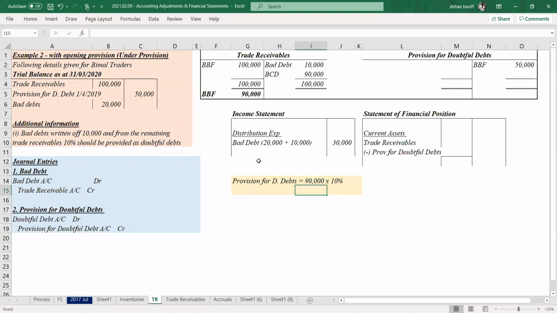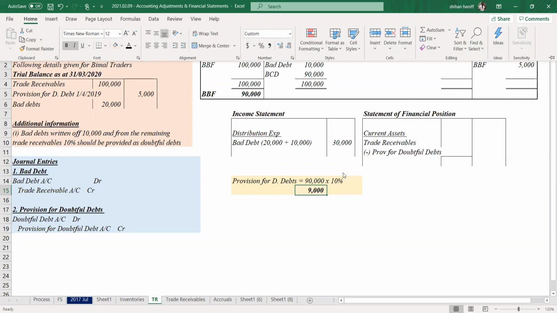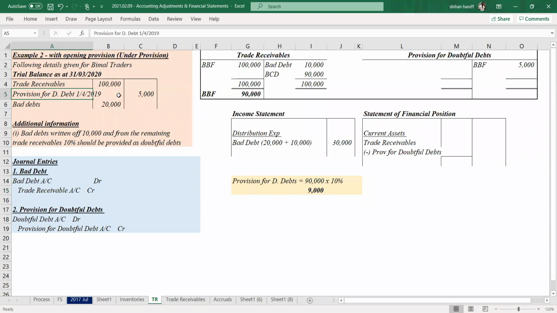Oh, sorry. This is not 50,000. This is 5,000. So my mistake. It's 5,000. 90,000 into 10% is 9,000. Right, we will take the provision for doubtful debt. Opening balance is 5,000.